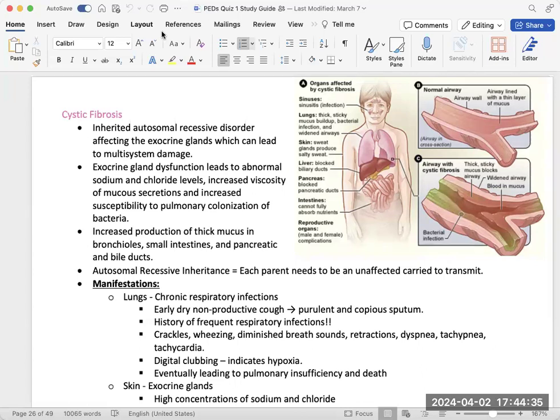They can't move those excess mucus secretions, so it could be very scary, and that's why there's an increased production of thick mucus in things like the bronchioles, the small intestines, the pancreatic and bile ducts. So it starts affecting lots of places in your body because we can't get rid of that mucus, because the chloride and sodium levels can't do what they need to do.